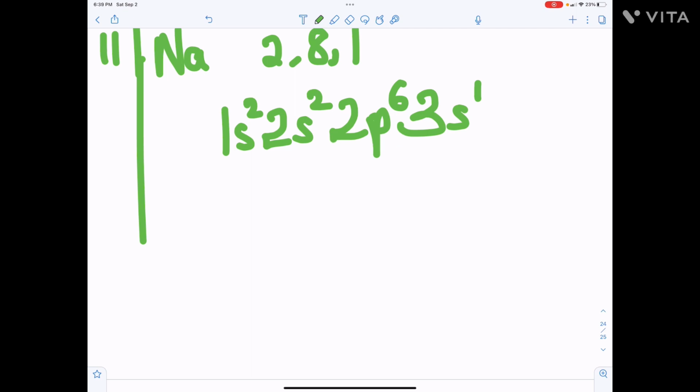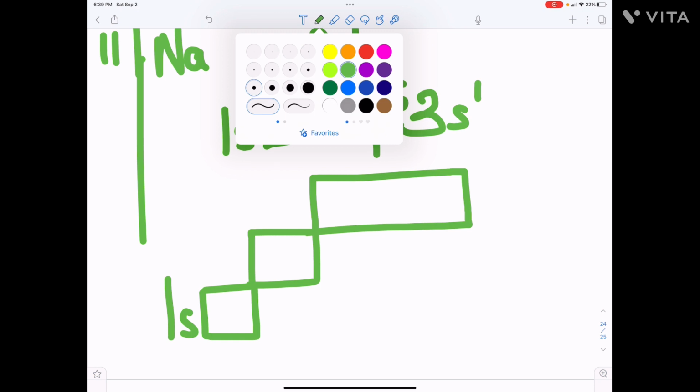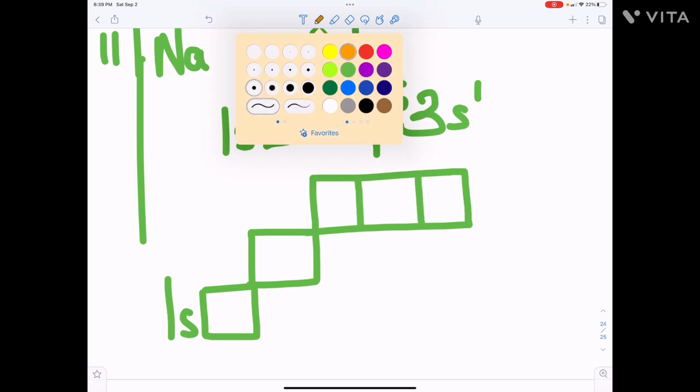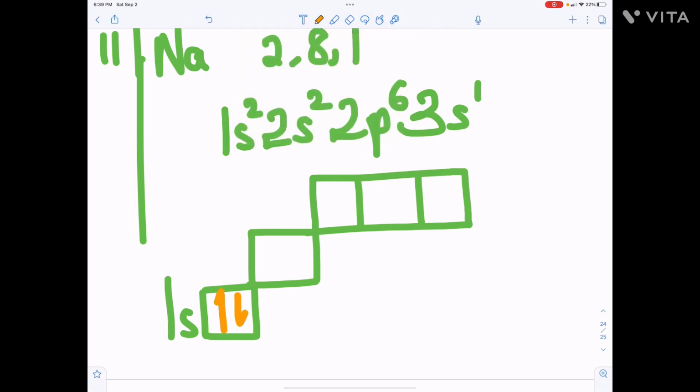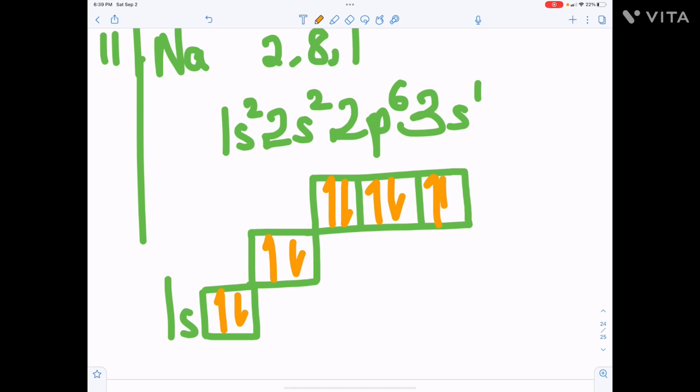Let's draw what the picture looks like inside the atom. 1s subshell, 2s subshell, 2p subshell. Okay, let me fill this completely first. They are not supposed to touch each other.